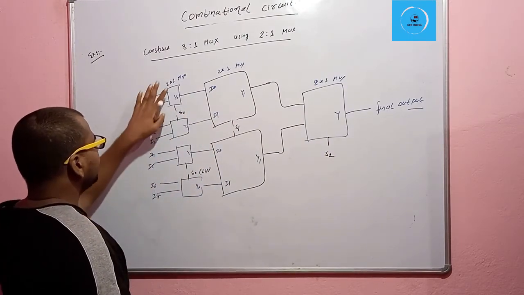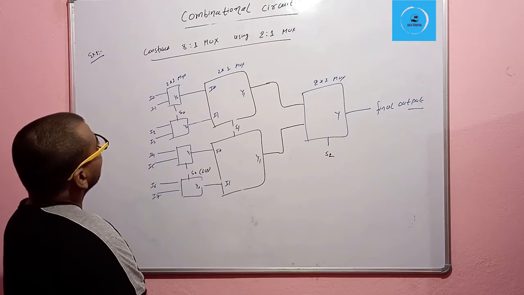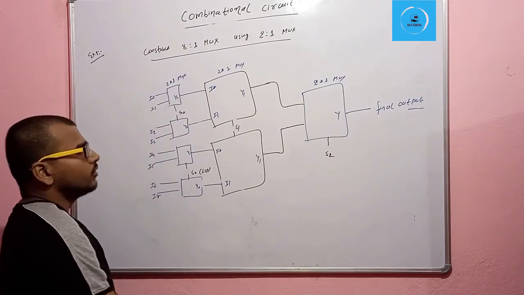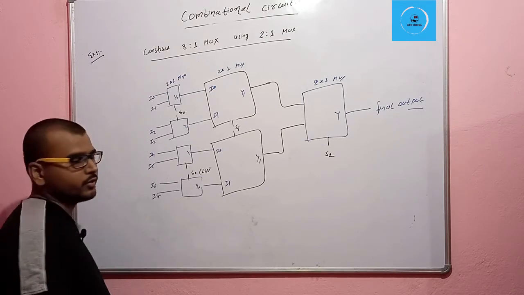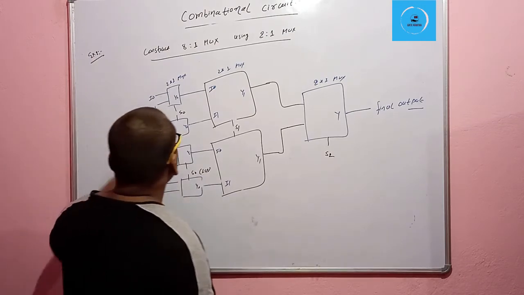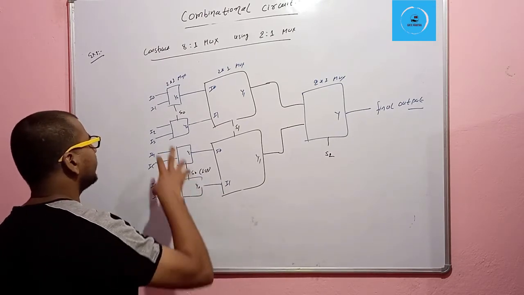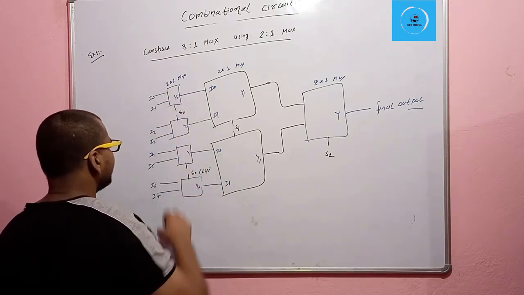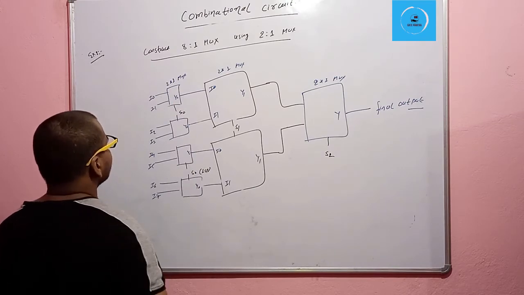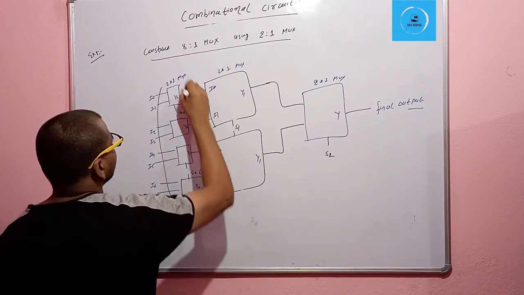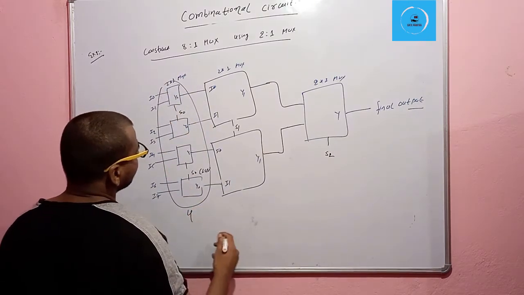So if we have to construct the 8 to 1 mux using the 2 to 1 mux, then we require 8 inputs at the first stage. For getting the 8 inputs at the first stage, how many muxes do we require in total? Total 4 muxes.